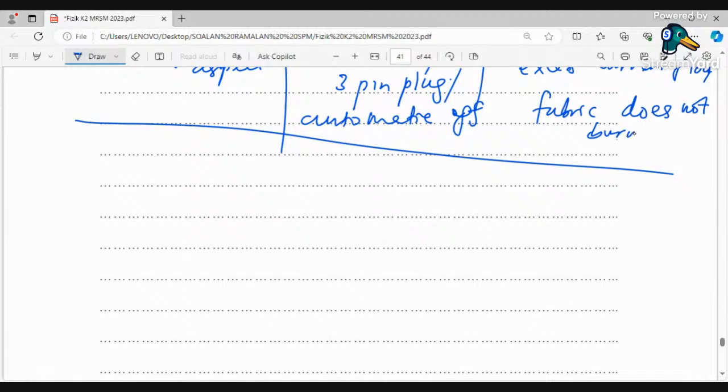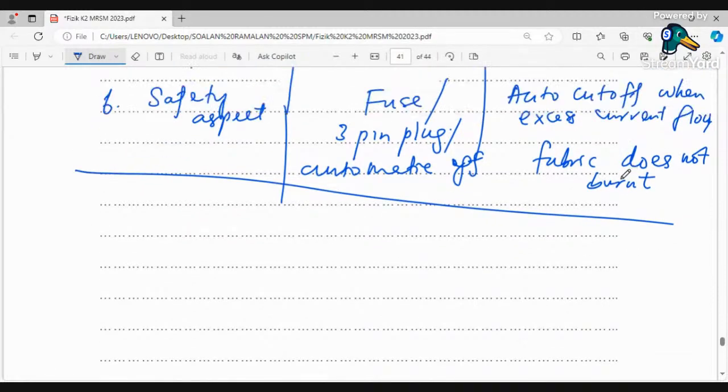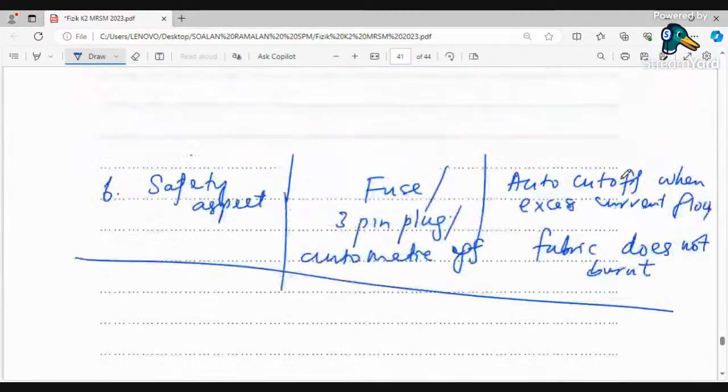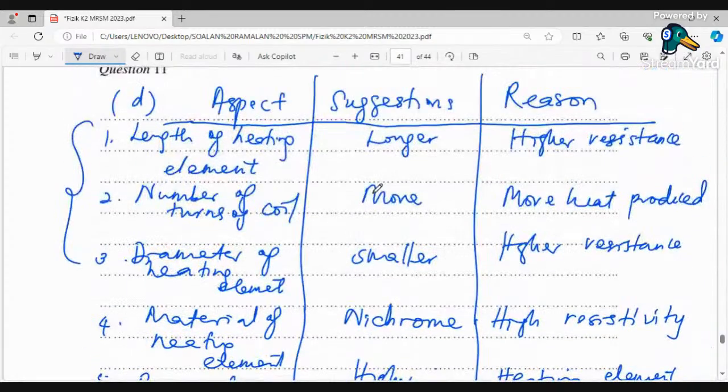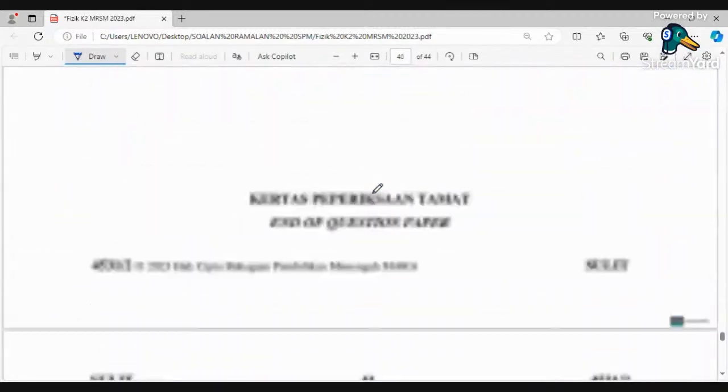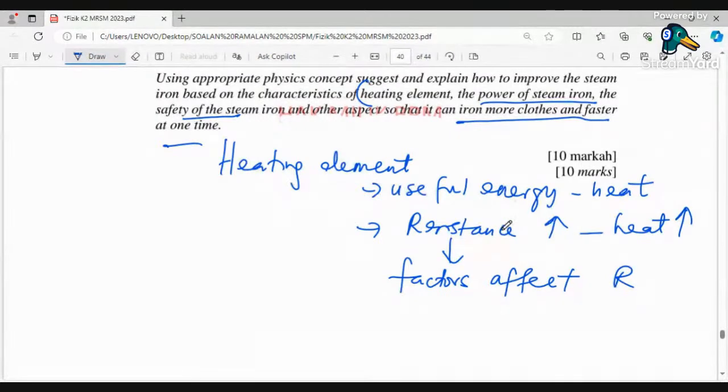If it is auto off, if you forgot to turn it off, it does not cause the fabric to burn. Okay, for the 3-pin plug, that is for AC too, to prevent electric shock, because there is an earth wire. The 3-pin plug has an earth wire. Okay, so this is at least 5, but follow the question's instructions, whatever it wants.